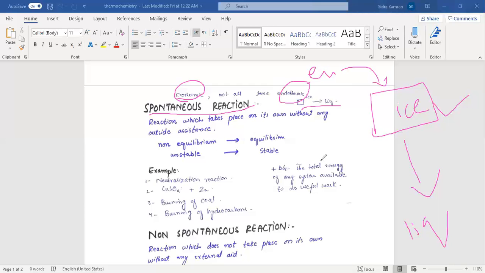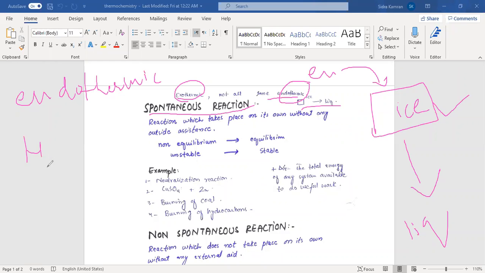Not all the reactions are exothermic. Spontaneous reactions are exothermic, but some of them are endothermic, for example, as I gave you the example of ice. Another example of an endothermic spontaneous reaction is the process of evaporation.